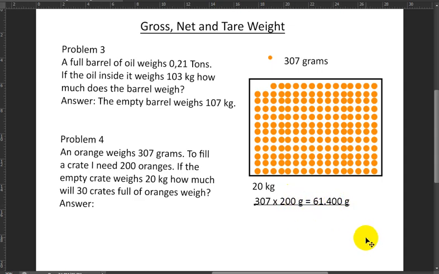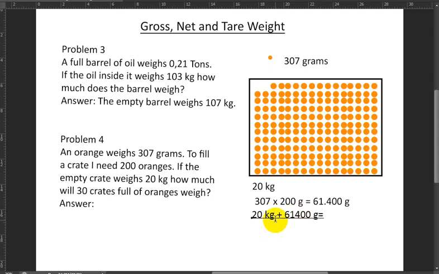Okay, so let's figure that out. What is the full weight of the crate? Well, it's going to be what I get when I add the empty crate, 20 kilograms, plus all the oranges, 61,400 grams. But again, we have a problem, just like we did before, because this is in kilograms, whereas this is in grams. So I first need to convert this into grams, or the other way around, and then add them.